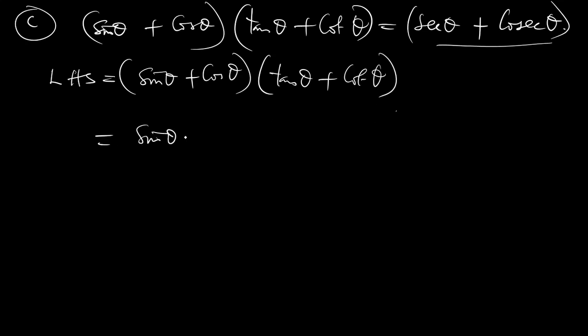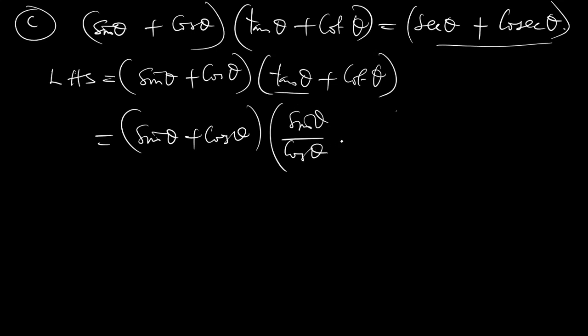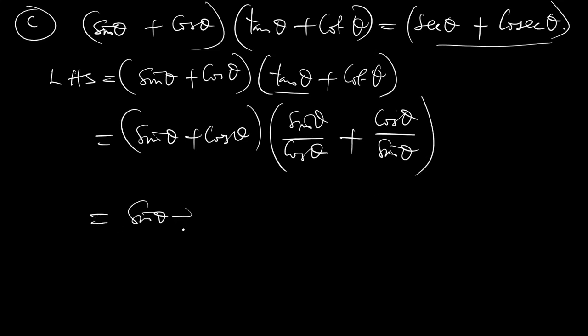Now you can write this as sin theta plus cos theta, and this one expressed in terms of sin theta and cos theta, you have sin theta divided by cos theta as tan theta, then plus cos theta divided by sin theta as cot theta. So now you have sin theta plus cos theta into the LCM of the denominator, which is cos theta sin theta.